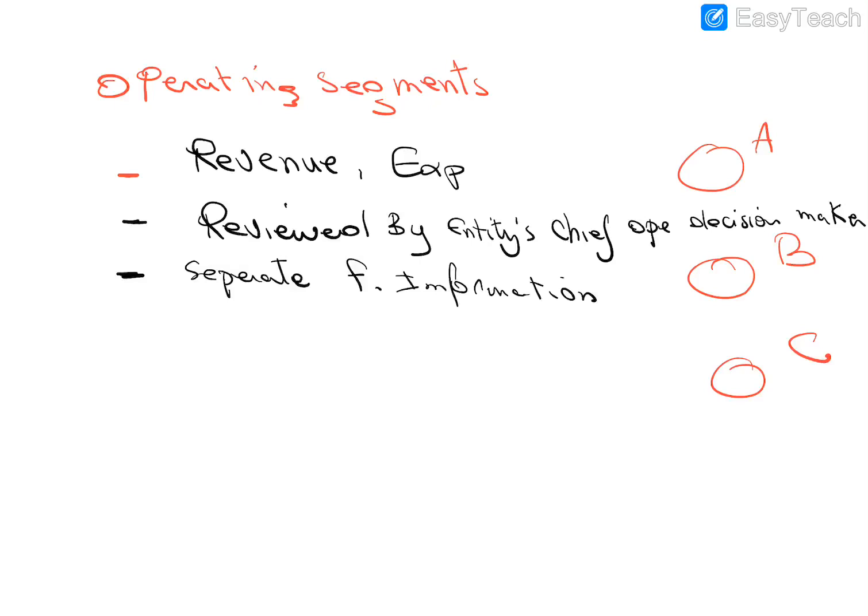But there are some things that you need to know. In general, an operating segment should be reportable to be disclosed. What do I mean by this? It needs to be significant, generating a significant amount compared to the total revenue, total company assets, or total company profit.